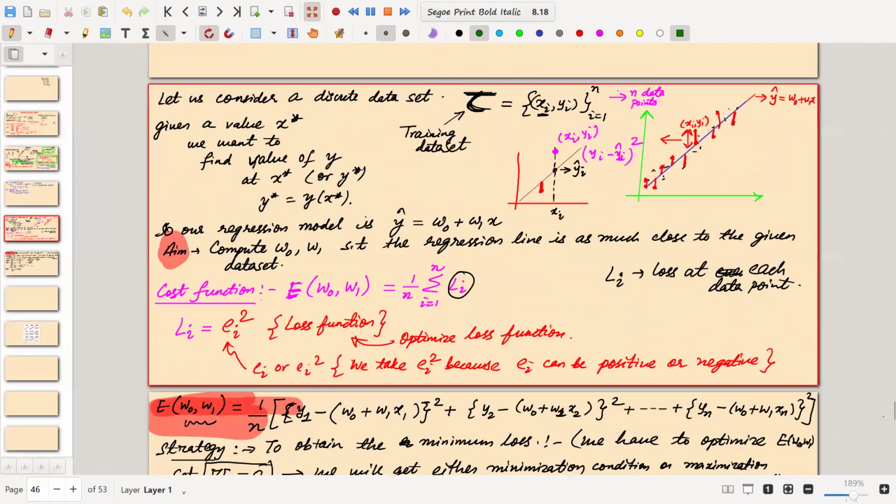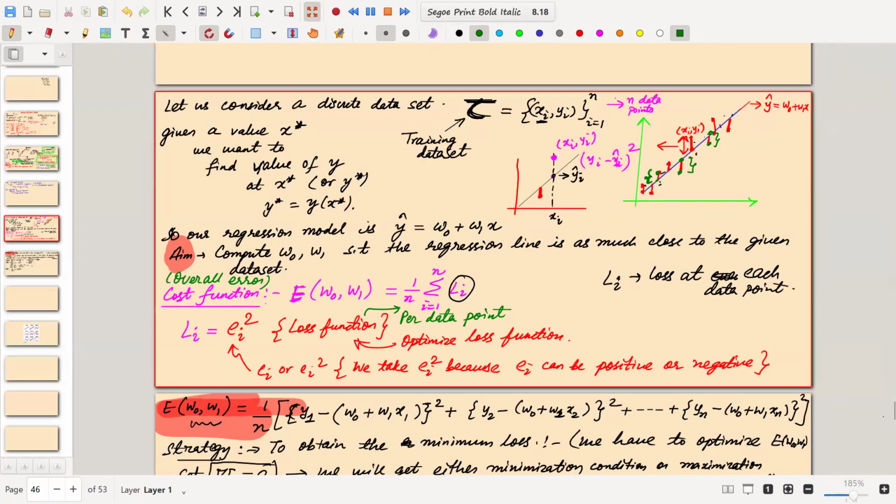These are the data points, and e_i is nothing but the difference between the data point and the regression line. This is an e_i, this is another e_i, and another. For each data point you will have an e_i. That is known as the loss function, which we consider per data point. However, the cost function is nothing but the overall error.